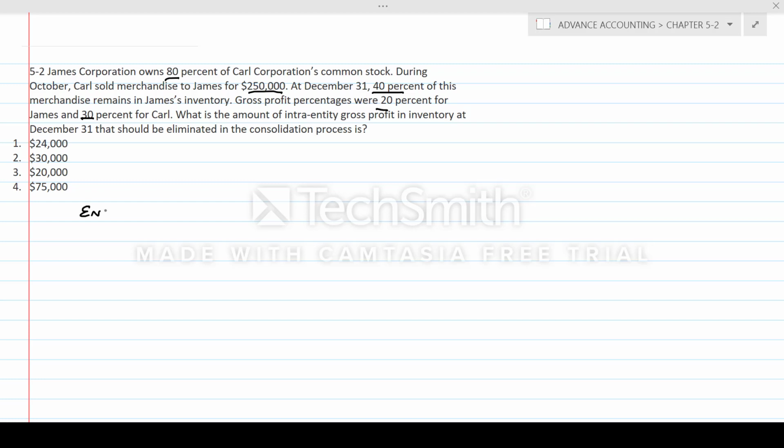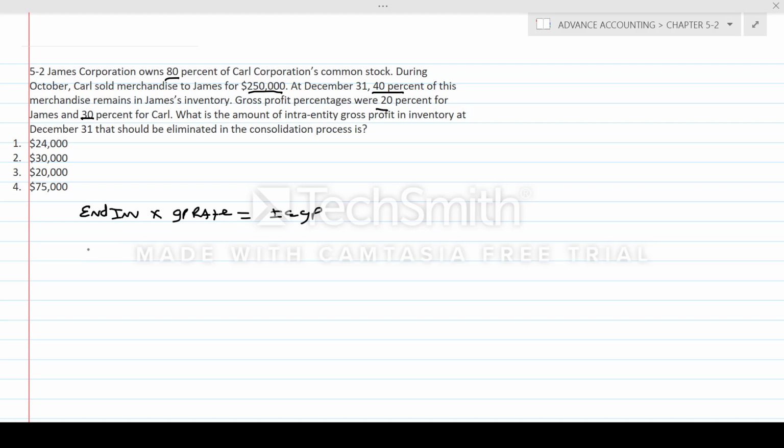determining the ending inventory. And then we multiply that by the gross profit rate. And that would give us the intra-entity gross profit. So IEGP.